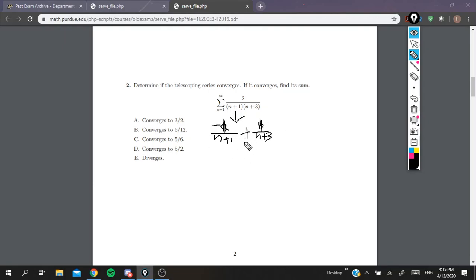So then this will be a telescoping series. Wait, hold up. That's not right. It should be negative 1 here as it multiplies out.